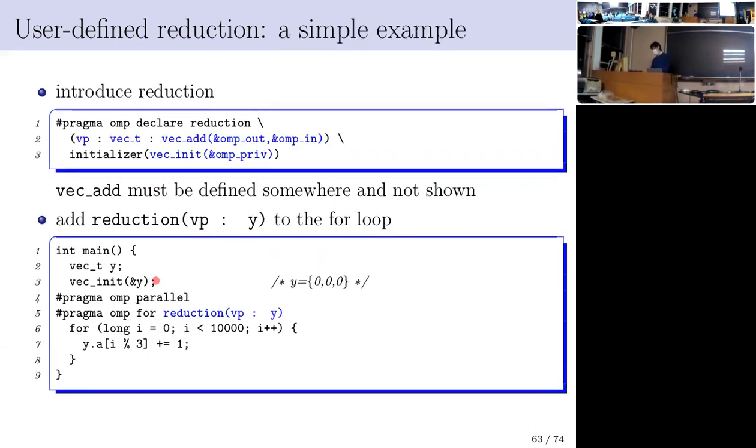After you have defined your own reduction, you can say something like this: this is the reduction with this operator I just defined on variable y, which is of type 3D vector.